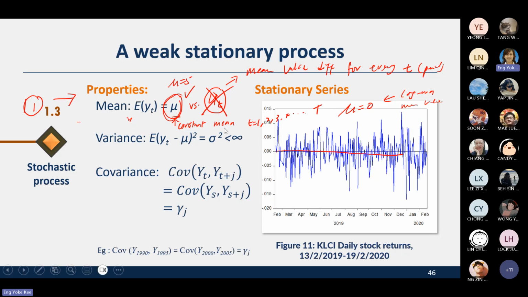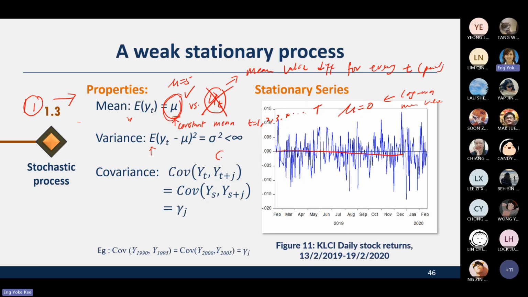Okay. Now the second one is what I call the variance. You look at the mean, you look at the variance, look at the behavior of variance data. So how do you measure variance? Same thing, no? Expected value of y, how far y deviates from the mean value, you square it, is equal to sigma square, right?